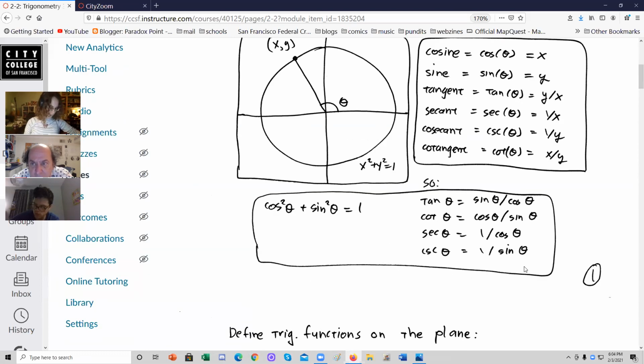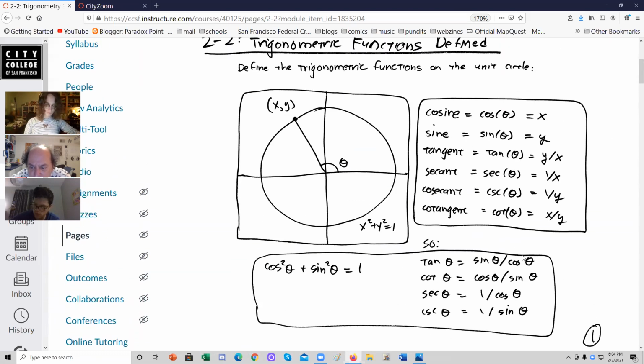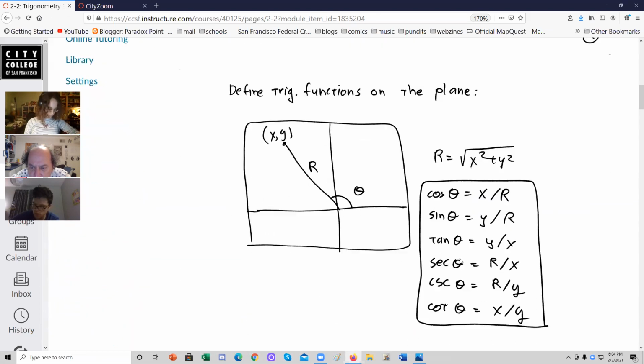And then going by the ratios between tan, cotangent, secant, and cosecant, and sine and cosine: tangent is sine over cosine, the r's cancel, you get y over x. Cotangent is cosine over sine, the r's cancel, cotangent is x over y. Secant is 1 over cosine, so that's r over x. Cosecant is 1 over sine, therefore r over y.